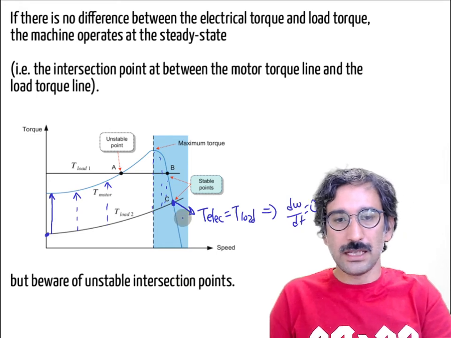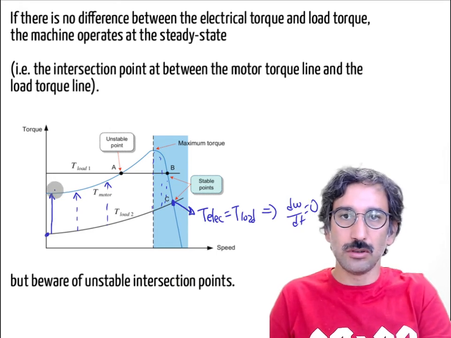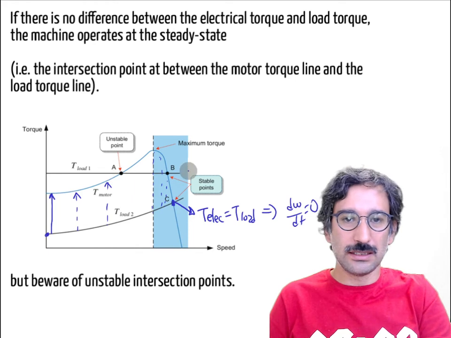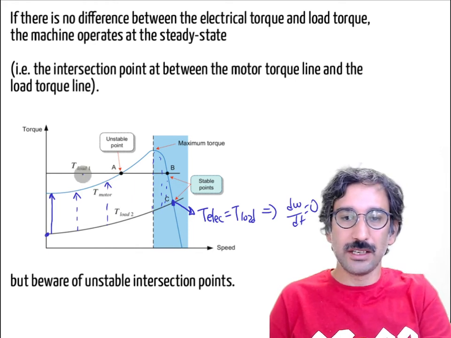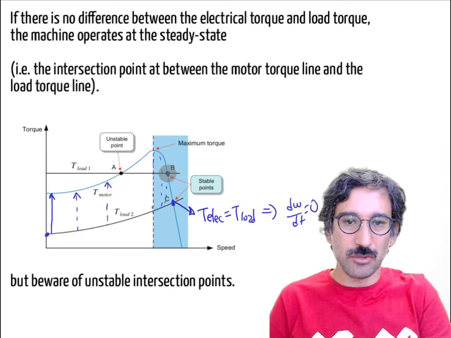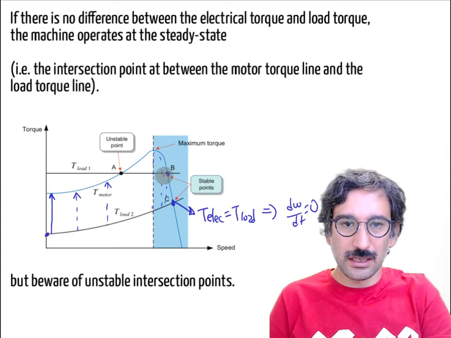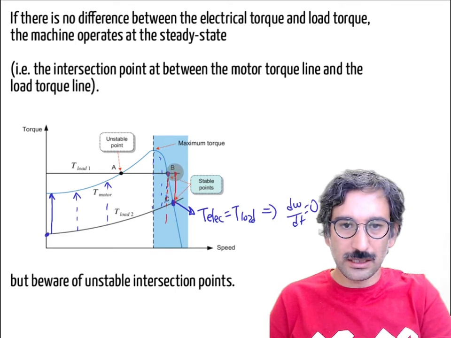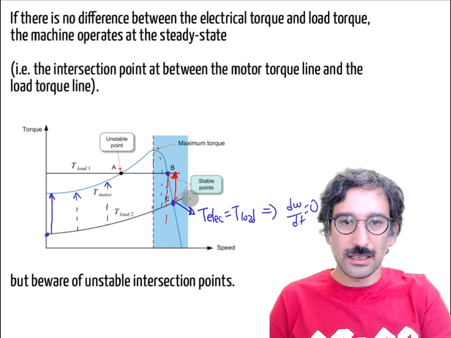Then let's say your load is changed to the second line, maybe it increased. Now you have that intersection point. You are operating here, but at that point you are in the negative range.